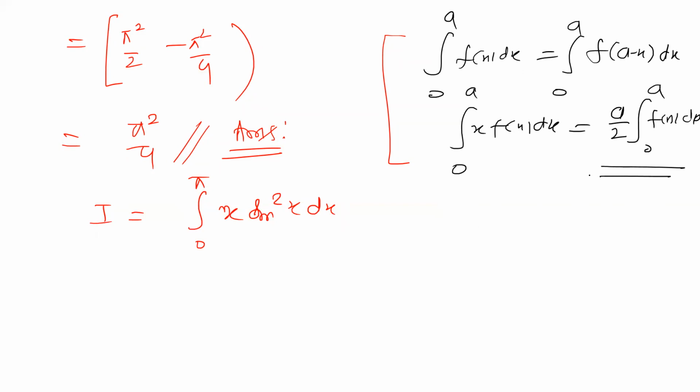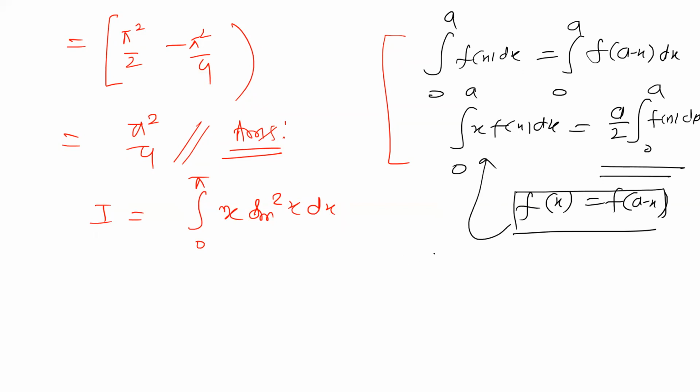But how to apply here? This should be equal: fx is equal to f(a minus x). If it is equal, then this property we can use. Okay. So like in case of 0 to a, x into f(a minus x) dx, I am applying this property.